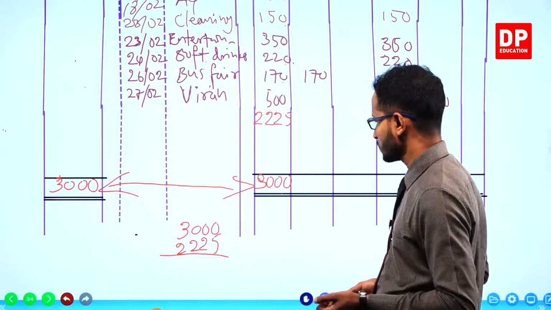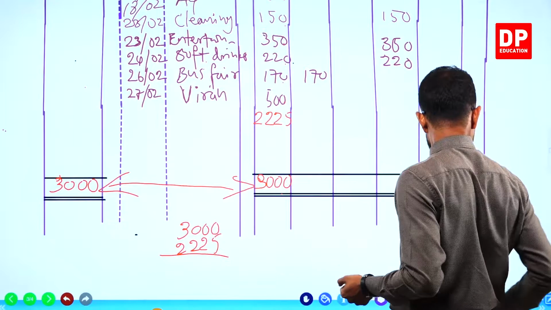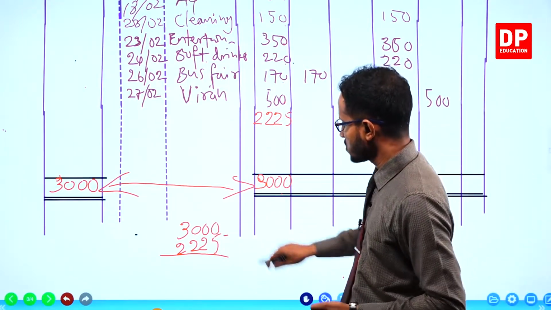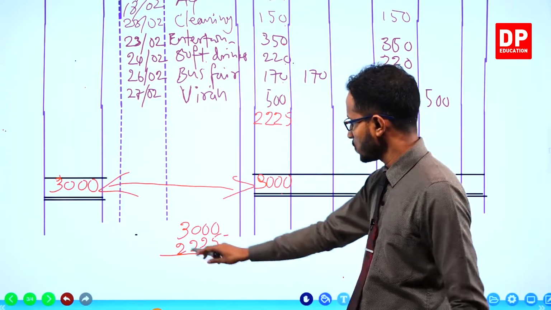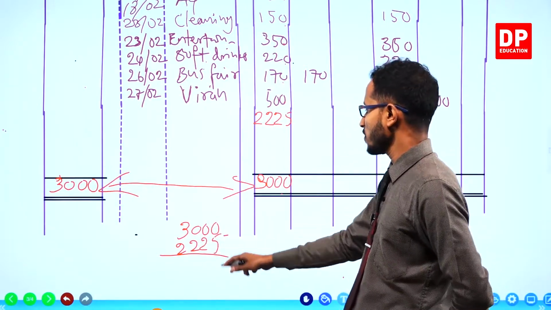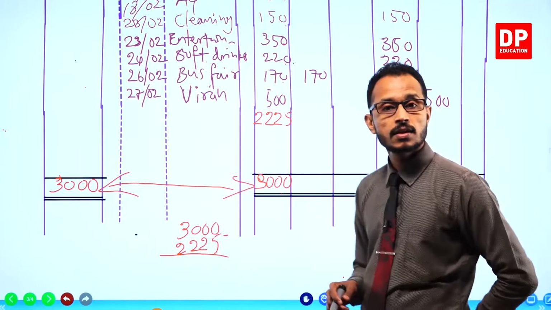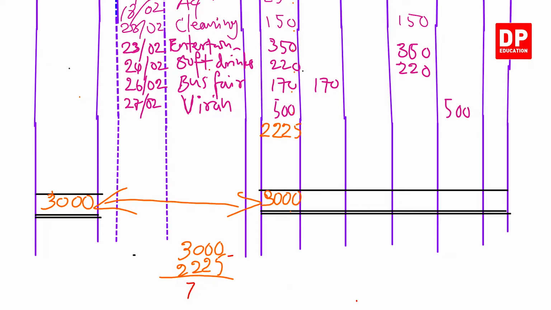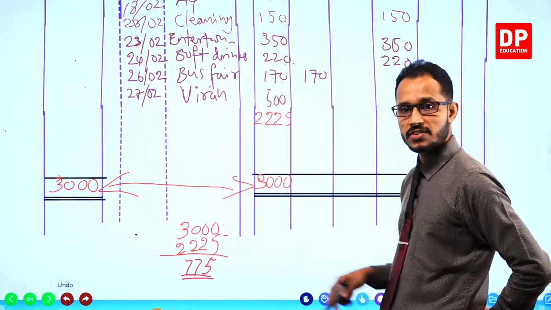What is the difference when you minus 2,225 from 3,000? What is the balance? 775. Did you get the balance? 775.